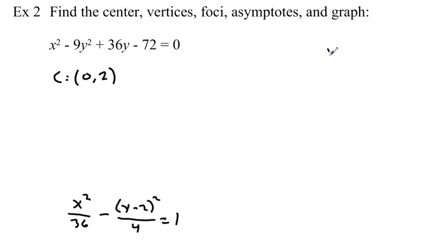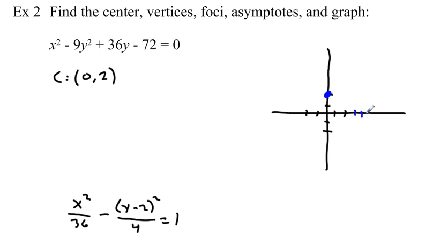Okay, I'm going to start with a sketch of a graph. Okay, so let's see here. We know that center is 0 left, right, 2 up. So here's our center. Our center's going to be this point right here. And we know our stretch in the x direction is 6.